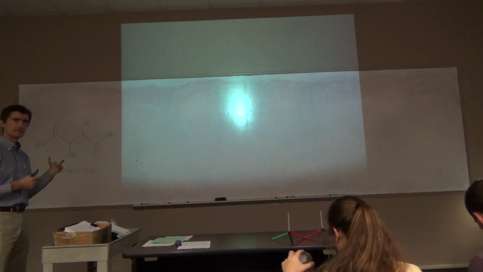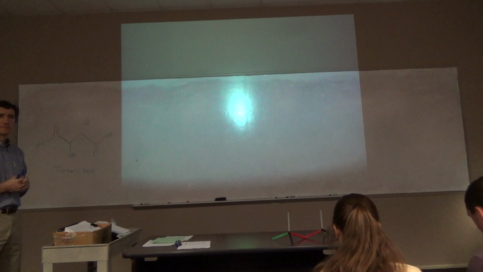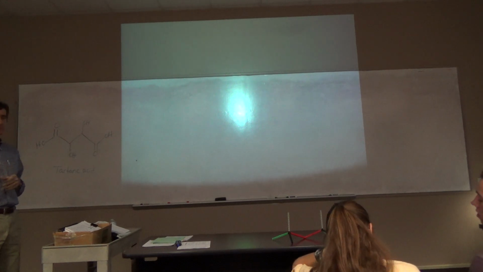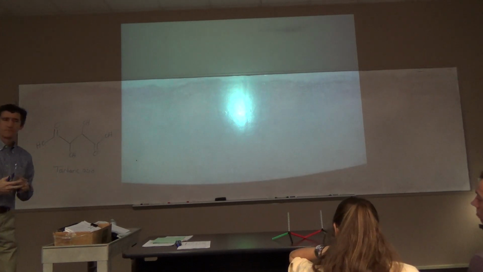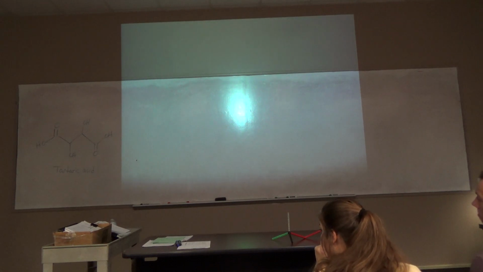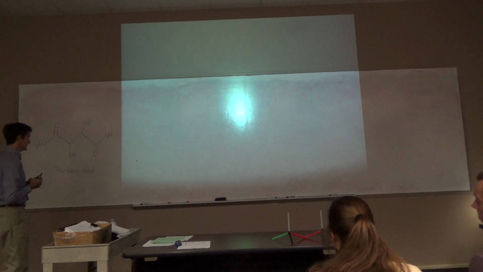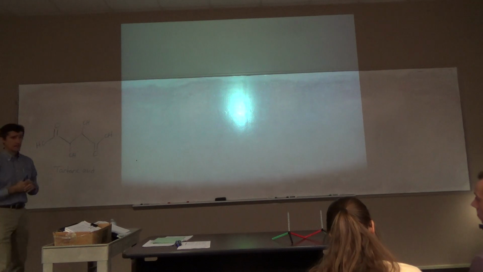But tartaric acid that was made in the lab, and they could do that at that point, did not rotate polarized light. So there was something different between the samples, and something different in the inherent structure.